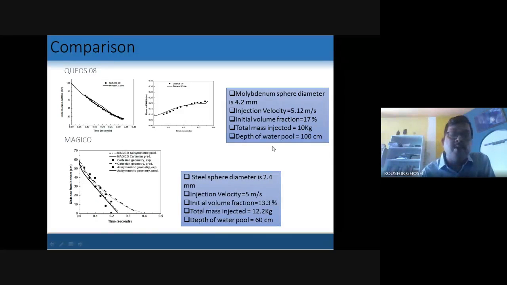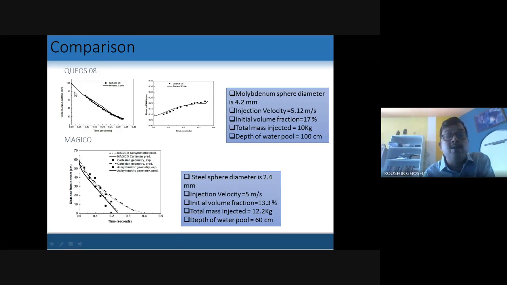We have compared our data with several experimental data, such as Chaos 08 and Magico. These experiments have been performed by several groups in the nuclear industry in different countries. So these are the standard experiments or standard programs carried out internationally. So this PINAC code performs well.